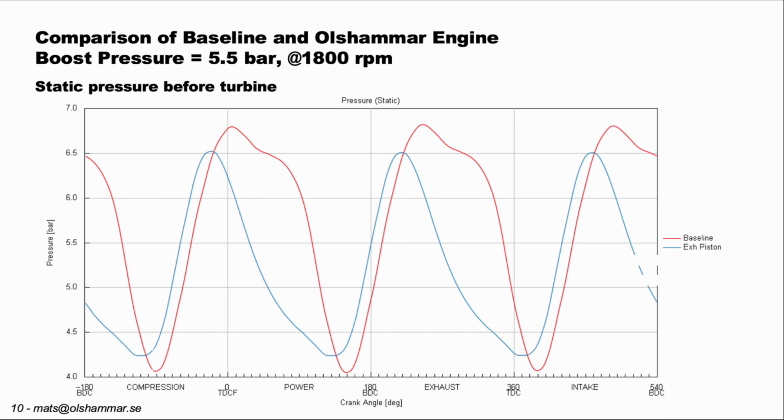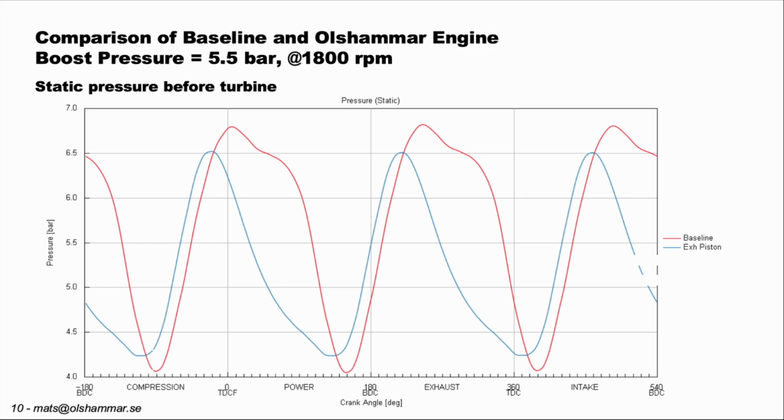If we would compare this with the 2+1 version of the Olshammar engine with the 2 combustion cylinders and 1 exhaust cylinder, then we had higher peaks, and we also had a much lower valley in between the peaks. You can see the scale to the left here, that it goes from 4 bar up to 7 bar.